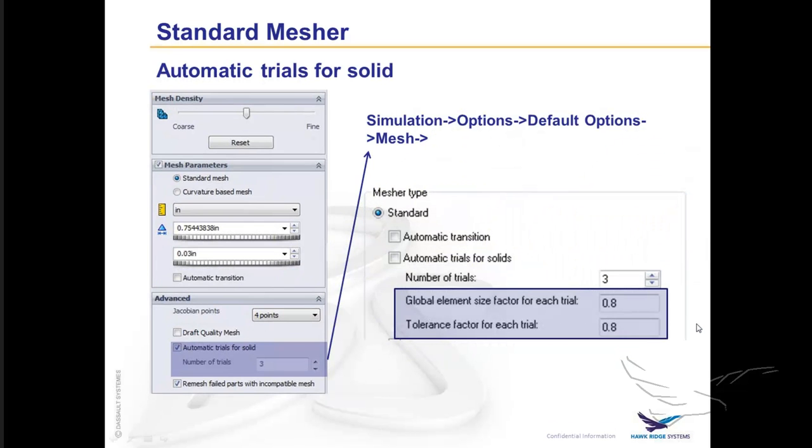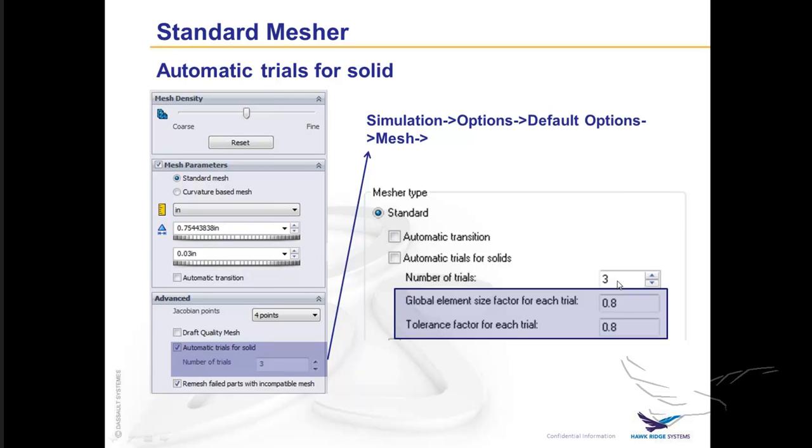We also have another option here for the standard mesher called automatic trials for solid. What it lets you do is set up a number of loops. We can set up a maximum of 10 trials. And this option is specified in our simulation options. Basically, if our mesh fails, it will try 80% of our global size and try again.